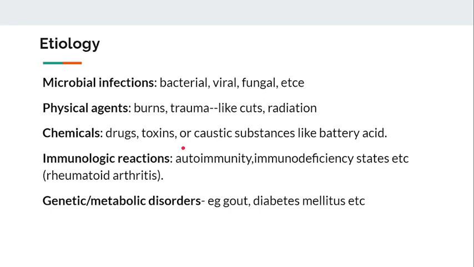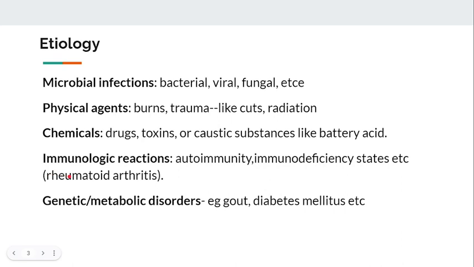Maybe if some relative of yours had an autoimmune disease, you are likely to have this autoimmune disease too, and the body attacks its own cells. For example, we have rheumatic fever or arthritis. So take note of such examples because you are likely to encounter them in a test.